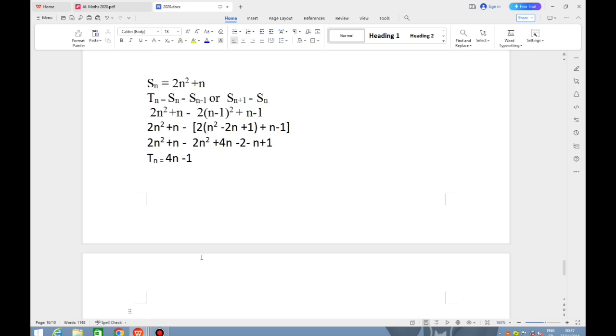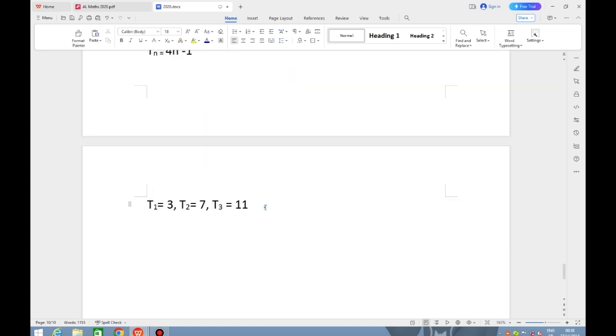T1 is equal to, substituting 1 where there's n, 4 times 1 is 4, minus 1 is equal to 3. T2 is 4 times 2 is 8, minus 1 is 7, and finally T3 is 4 times 3 is 12, minus 1 is 11.